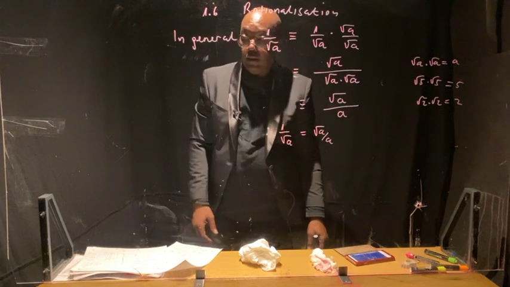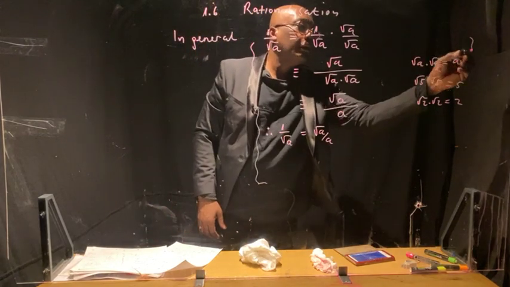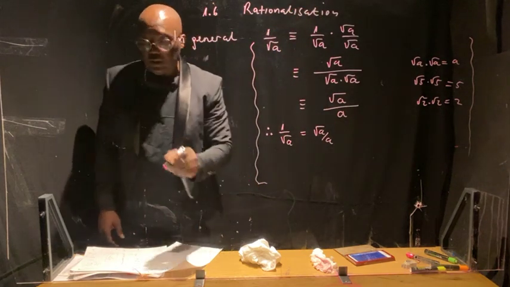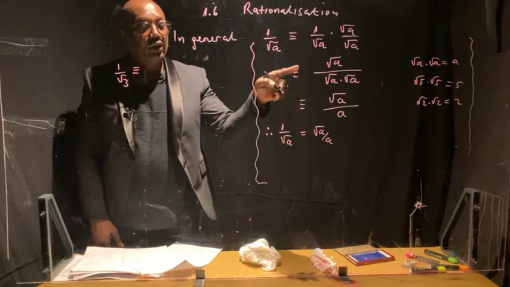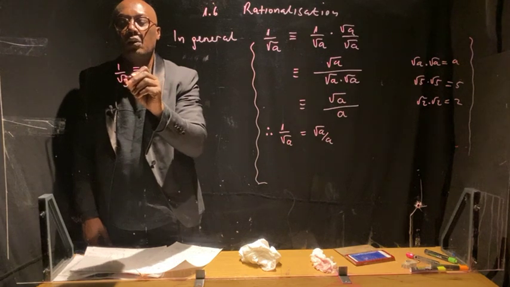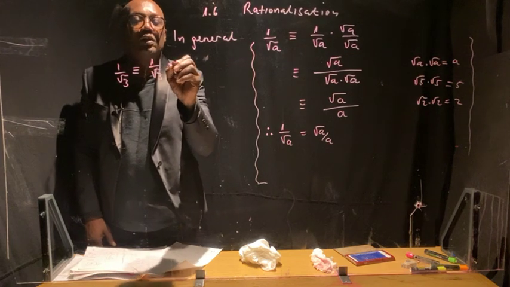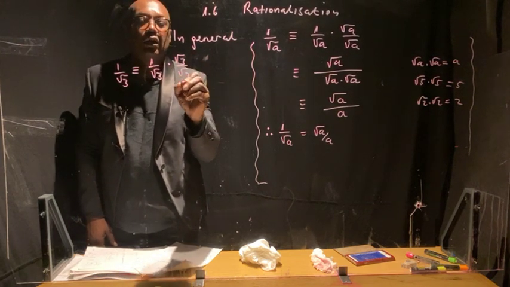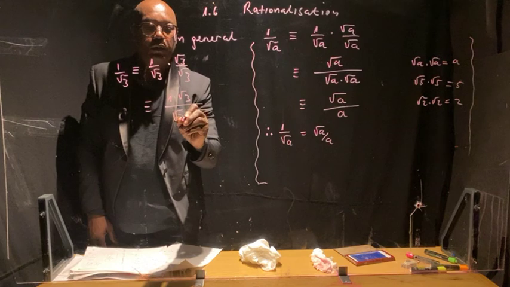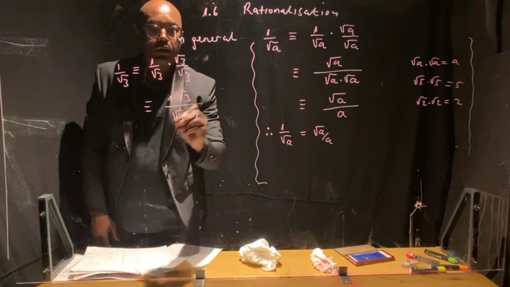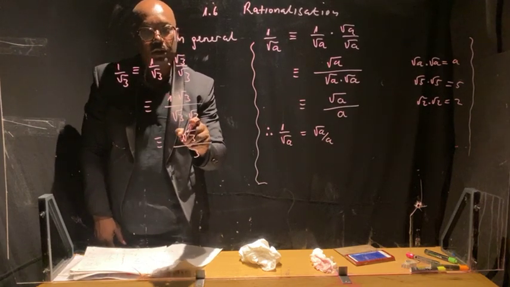Let me call this section 1. For instance, if you have 1 over root 3, then following the same strategy, you can see that 1 over root 3 is equal to 1 over root 3 multiplied by root 3 over root 3, which is equal to 1 multiplied by root 3 over root 3 multiplied by root 3, which is equal to root 3 over 3, because root 3 times root 3 is equal to 3.